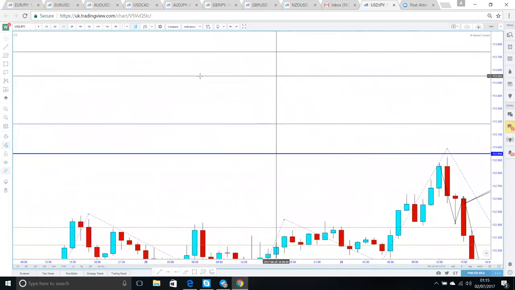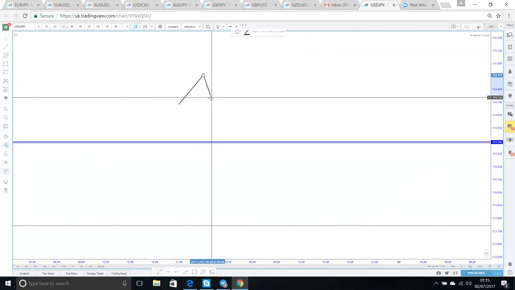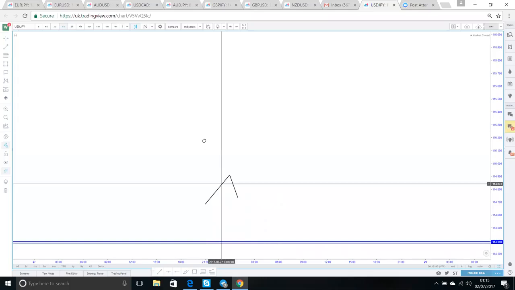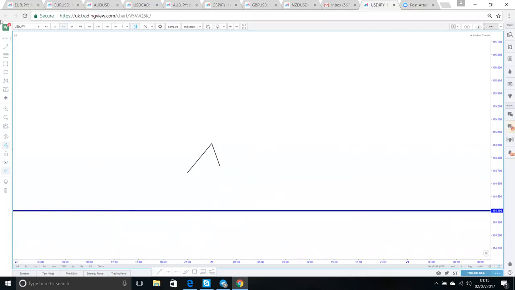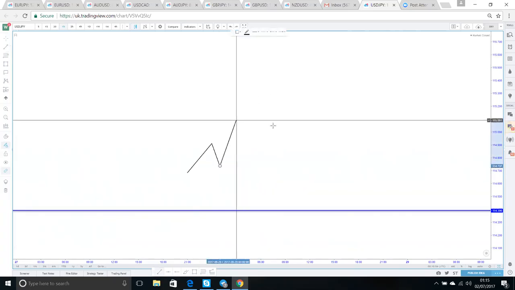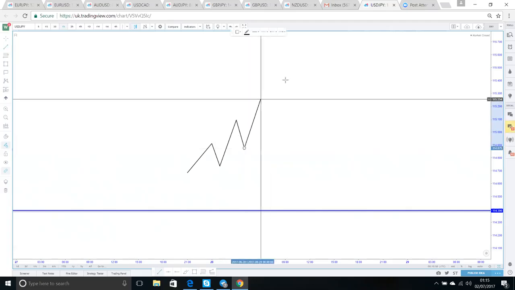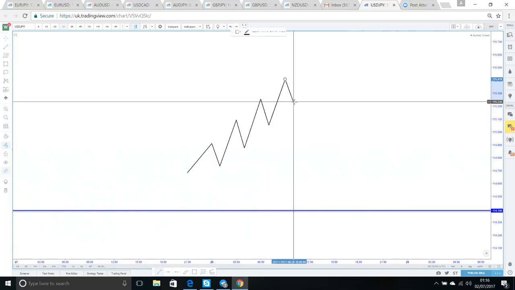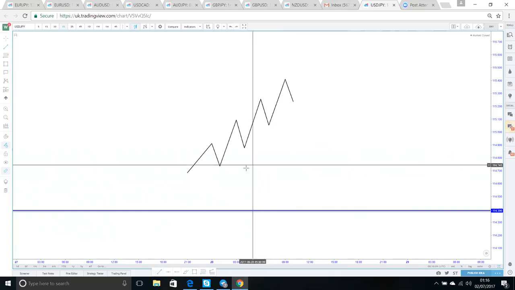Okay, an uptrend. Guys, in an uptrend, the price makes a higher high and a higher low.